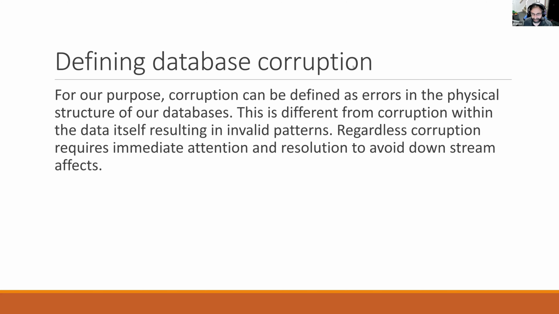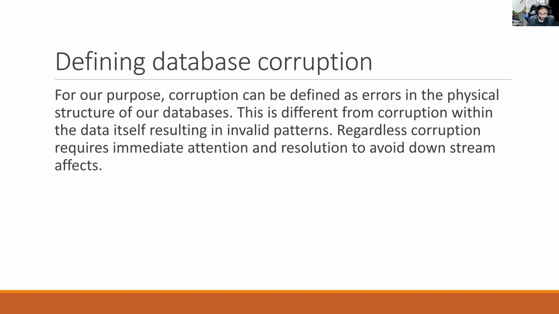So the first thing we have to do is define database corruption. Now, for our purposes, we're going to focus on physical database corruption. What do I mean by that? Well, we mean the physical bits in the files have been altered. We don't mean that the patterns inherent to your data have changed, right? So for physical database corruption, we're talking about the files themselves, not the data within those files necessarily.